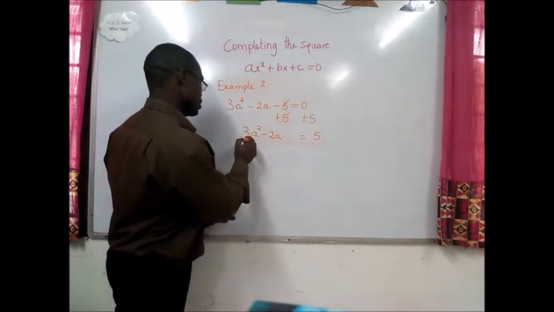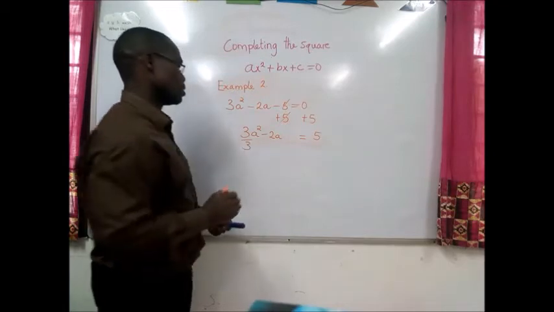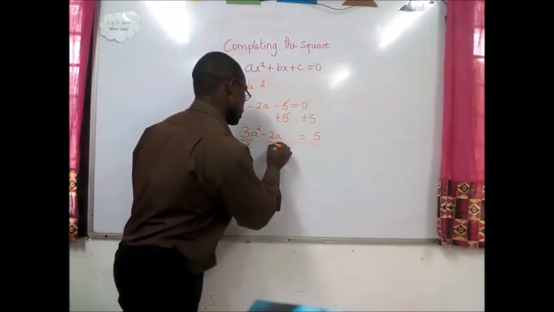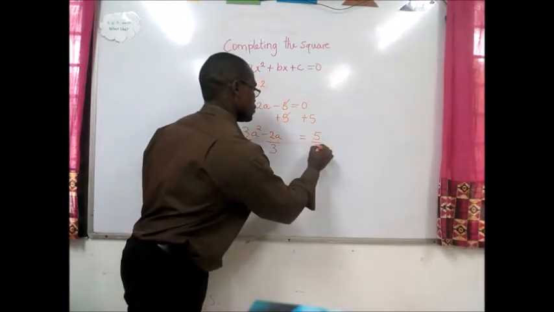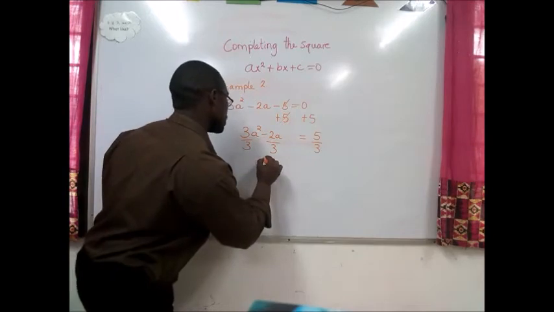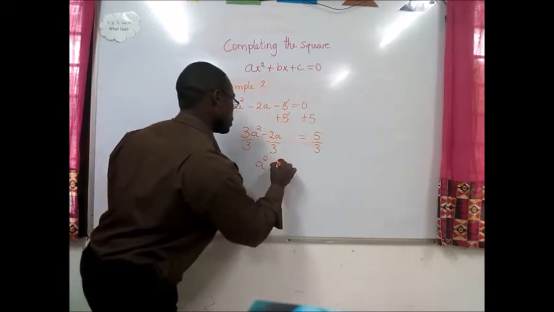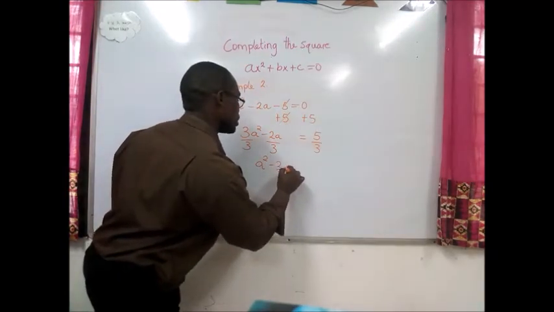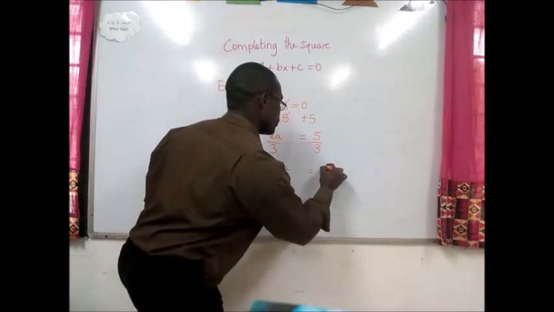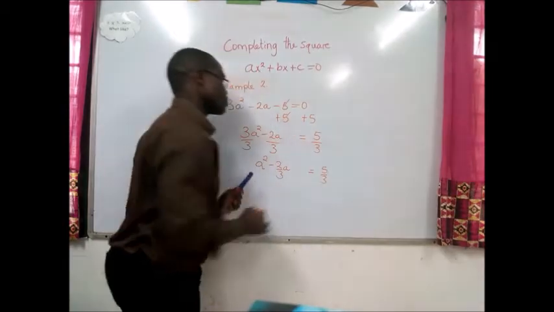So we divide by 3, and because it is positive, it's all fine. We divide it by 3. And from there, our new equation will be a squared minus 2 over 3a, now space, is equal to 5 over 3.